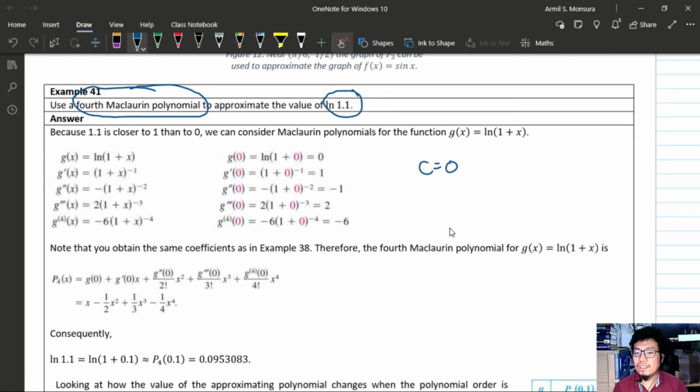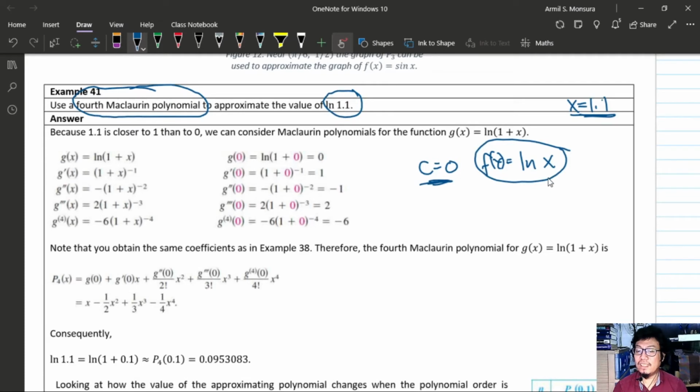But if we use ln of x as our f of x, and what is being approximated is at x equal to 1.1, 0 is very far from 1.1. In this case, the Maclaurin polynomial for f of x would give us a very erroneous, grossly approximated value because c is very far from what we are asked to evaluate, which is ln of 1.1.